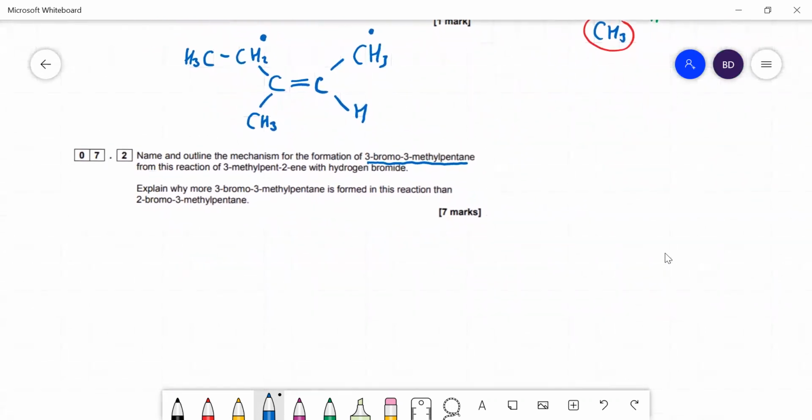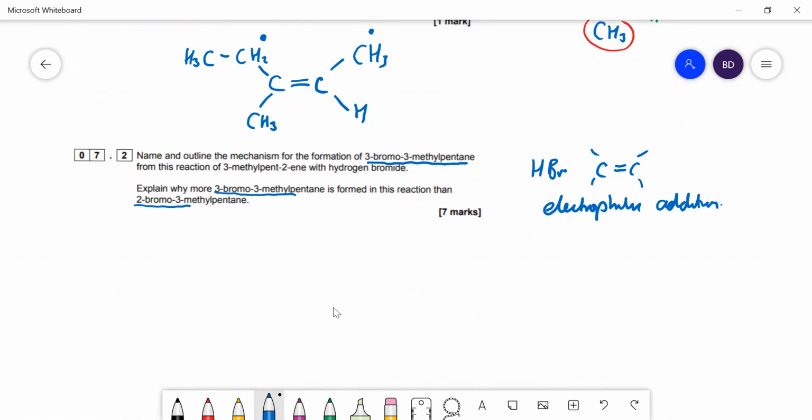Now the name of the mechanism, of course, any alkene reacting with HBr, that is electrophilic addition. Okay, a lot of marks go for this question because there are two possible products. There is the major product, 3-bromo-3-methyl-pentane, and the minor product. And we've got to explain why we get that.